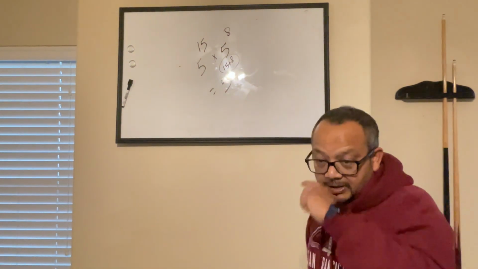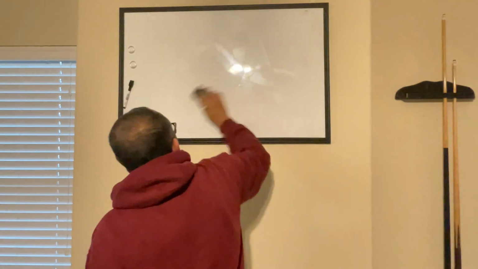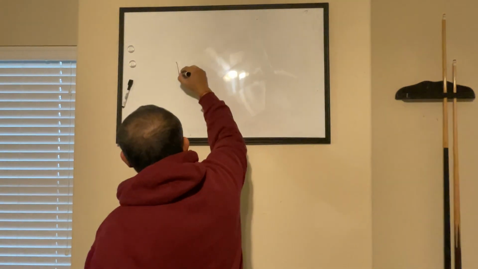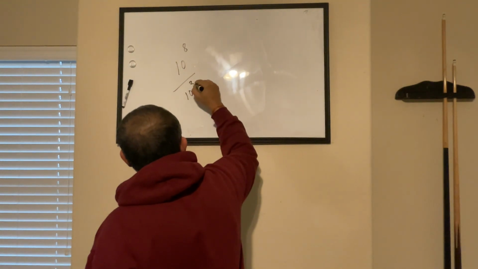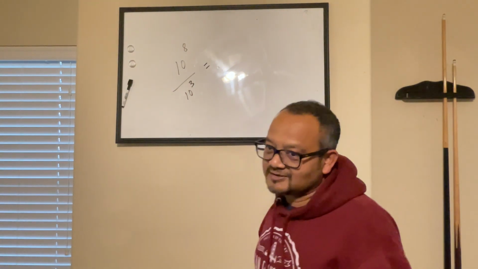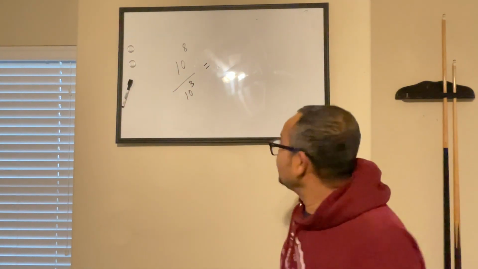Okay. Now, next question. 10 to the power 8 divided by 10 to the power 3. Do you know this? 10 to the power 5? Why? Because I subtracted the 8 and the 3.